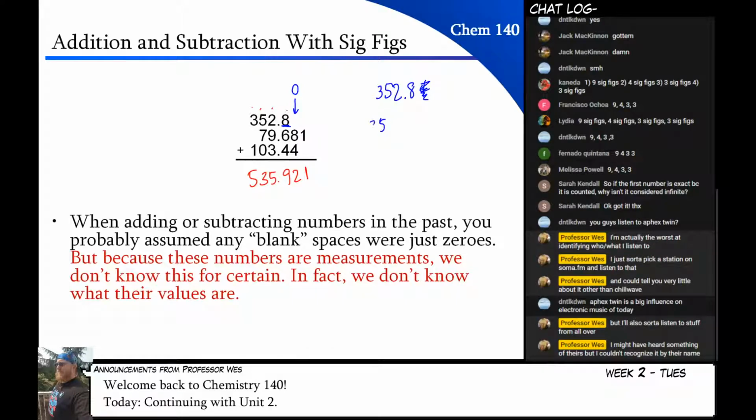If I measure 352.79, it's still 352.8. I could have any number in this spot. I don't know what that number is because the other number next to it is the last significant figure I wrote down, and it's estimated. That 8 could actually be a 7 if the next number is 9. That 8 could be an 8 if the next number is 0 through 4.